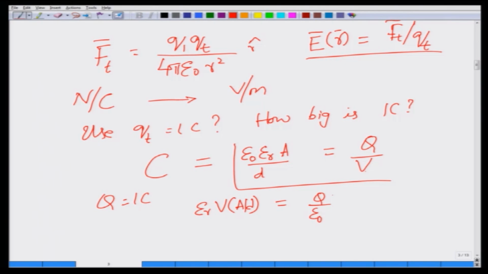Of course, Q is 1 coulomb, as I have assumed, and epsilon 0 is of the order of 9 into 10 to the power minus 12. If you take this to the numerator, it becomes of the order of 10 to the power 11, because 1 by 9 can be approximated as 1 by 10, so that becomes 0.1 into 10 to the power 12, which is nothing but 1 into 10 to the power 11. This is an order of magnitude estimate, not an exact calculation.